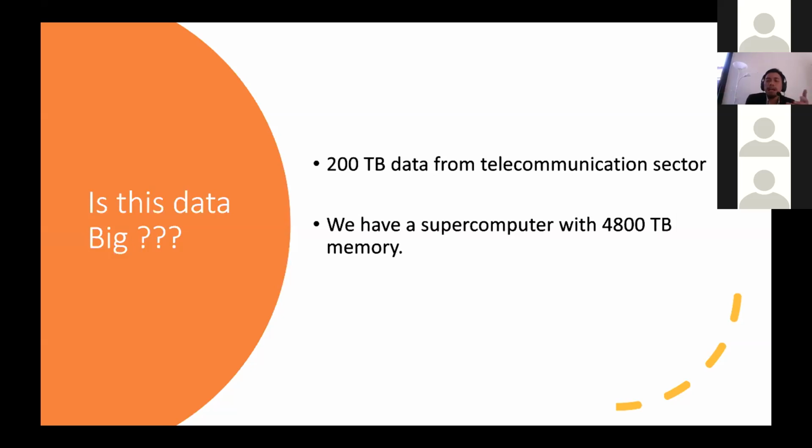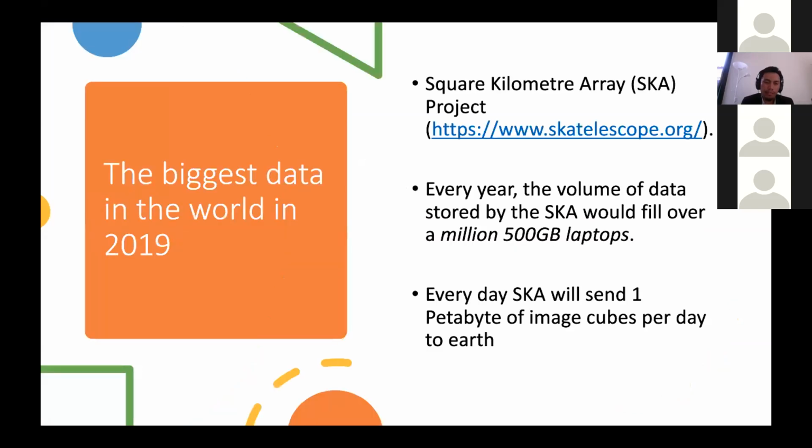And then you might ask me, what is the biggest data available today? In 2019, there was a project called Square Kilometer Array, or SKA. This project aimed to see the sky, to take photos of the universe regularly, record them, send them to Earth stations, and analyze them.